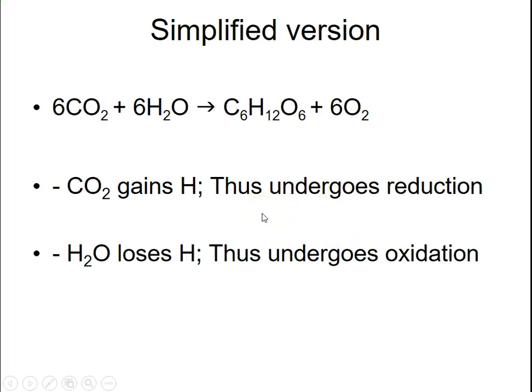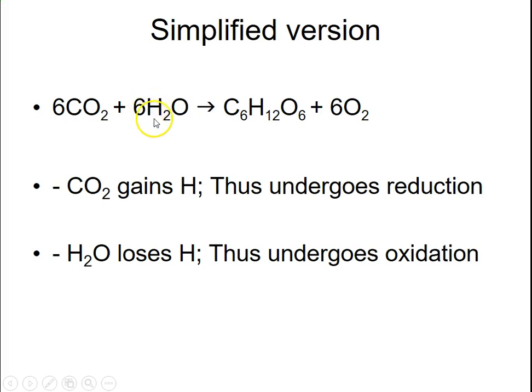Right here in this version of photosynthesis, we've got carbon dioxide plus water yields glucose sugar plus oxygen. And if one material is reduced, another material is oxidized. So right here, we've got two materials, carbon dioxide and water.